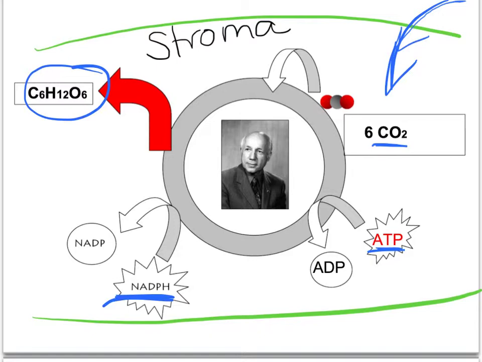We can't produce the glucose without that energy from the ATP and the NADPH. Once the energy from the ATP and the NADPH gets used up, they become different molecules. So ATP of course becomes ADP, and NADPH becomes NADP plus because it's lost its hydrogen ion.